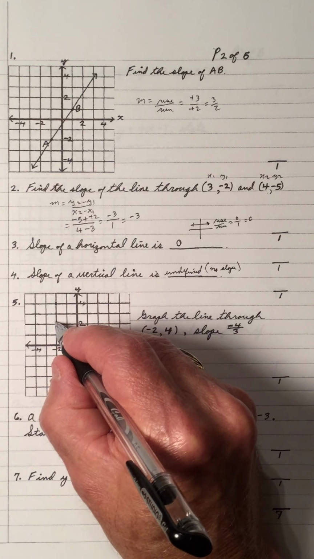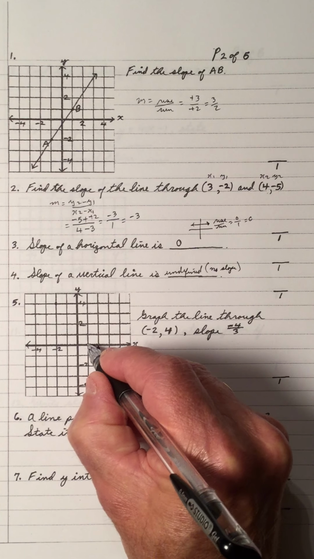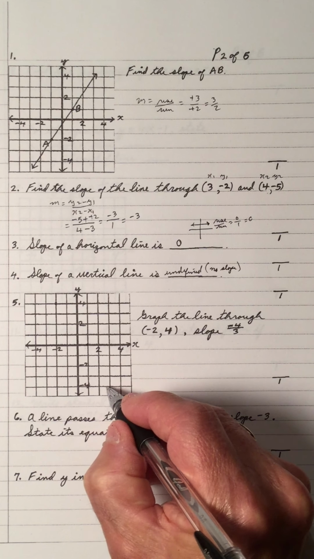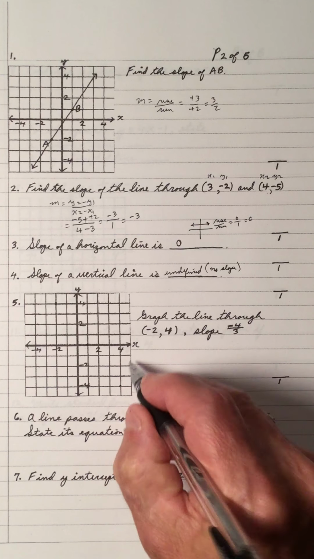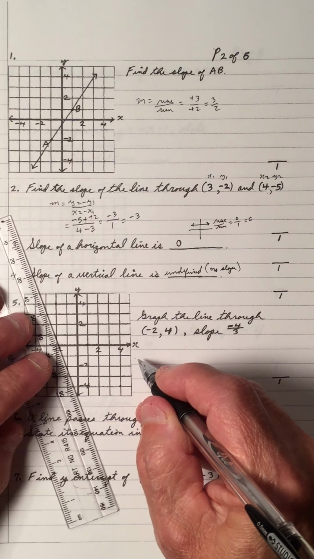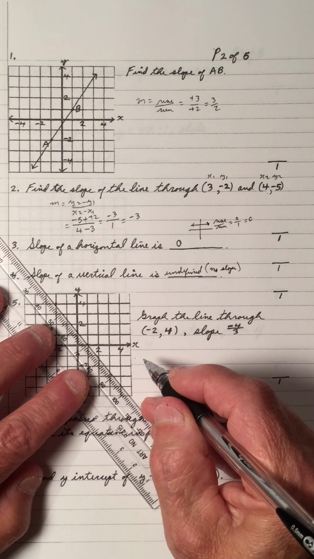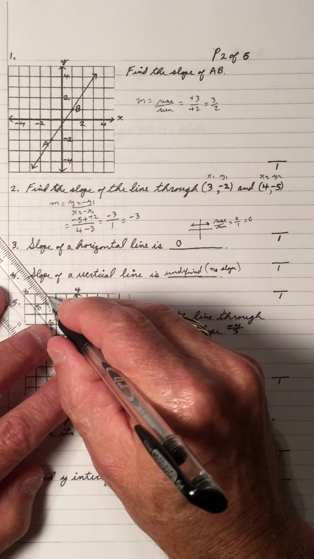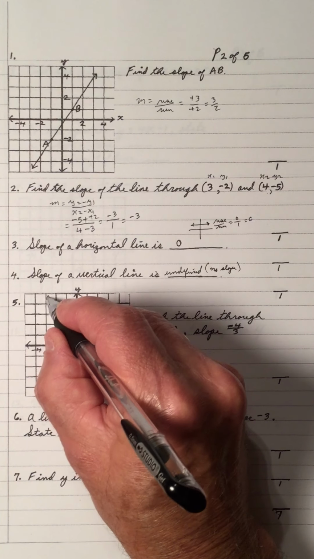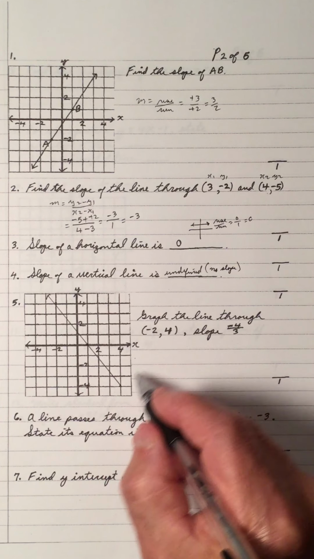Down 4, 1, 2, 3, 4, right 3, 1, 2, 3. So we graph that line passing through those points and line it up. And we have this line that passes through the point negative 2, 4 with a slope of negative 4 over 3.